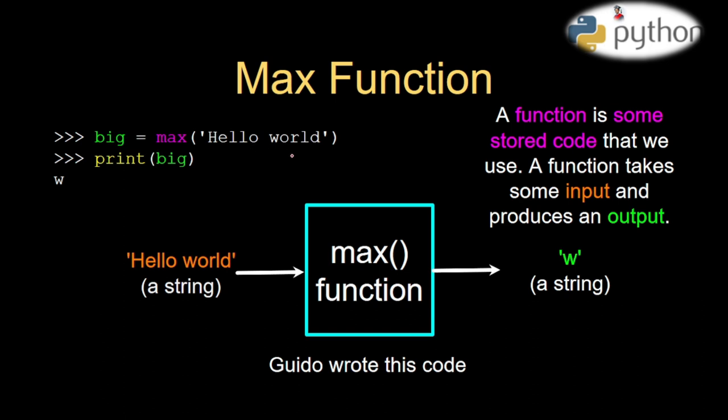Big equals max of 'hello world' is the literal value that we pass to this function, simply an argument we pass to this function, and the function processes some steps and returns some value when we call this max function. Then print displays the output. Good.